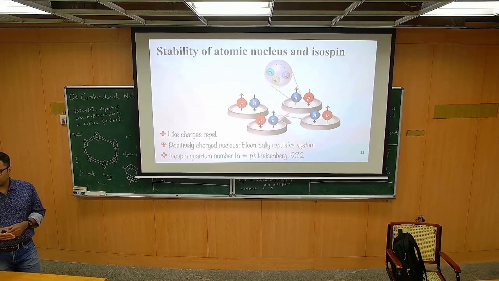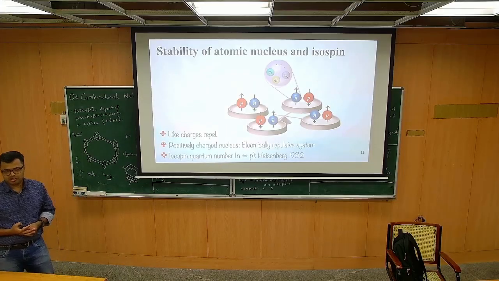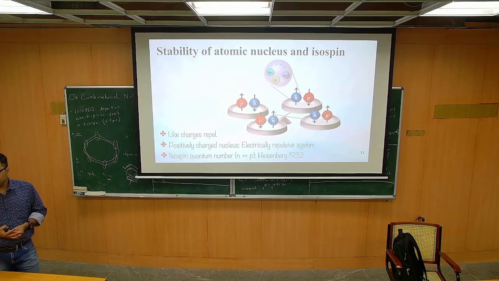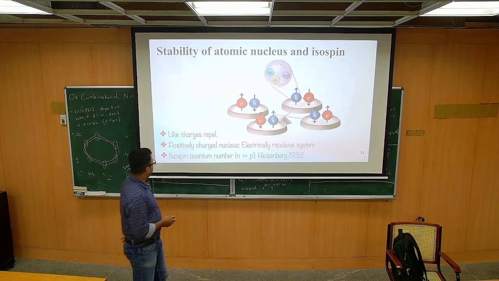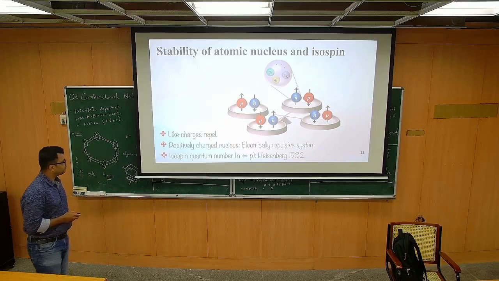Otherwise the proton cannot stay stable, which means plain electrodynamics cannot explain the stability of the proton. Right? You have a question? Okay. So plain electrodynamics cannot explain the stability of a proton.